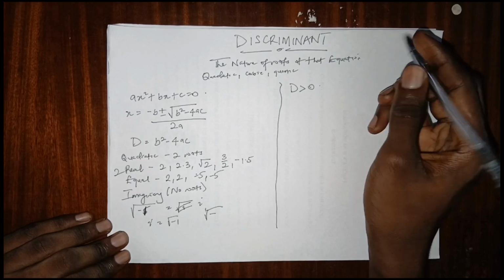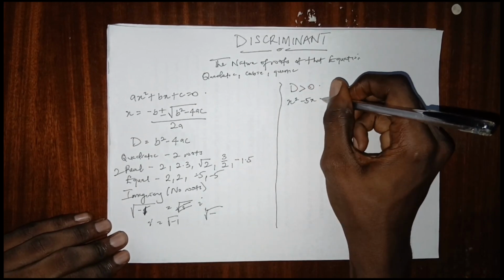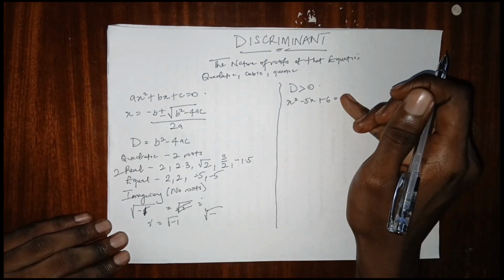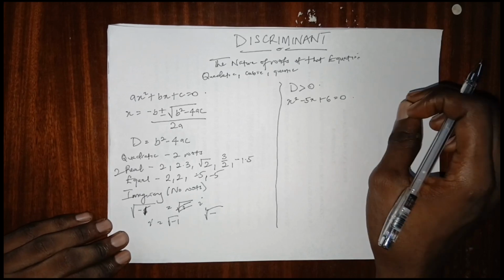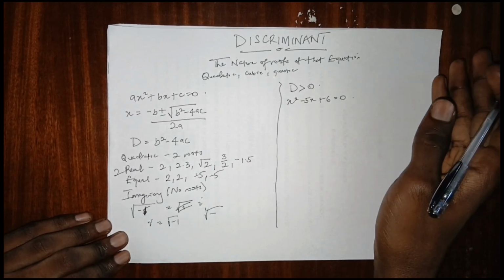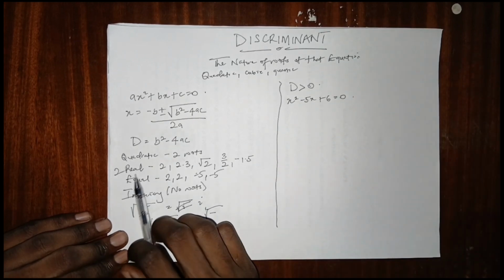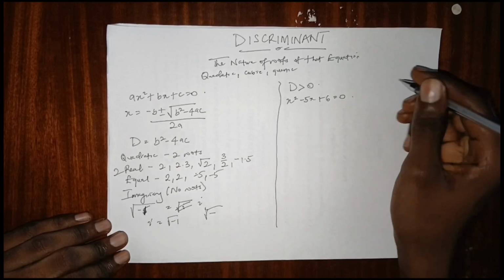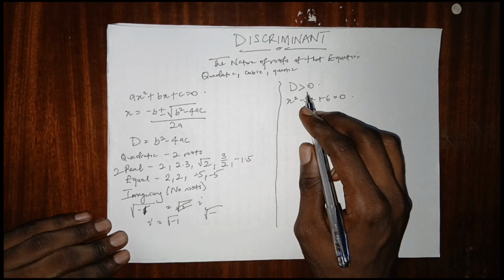For example, if you have x squared minus 5x plus 6 equals 0, I want to know if the roots will be real and distinct. Like I said, there are three: real and distinct, equal, or imaginary. So you have to use D greater than 0.